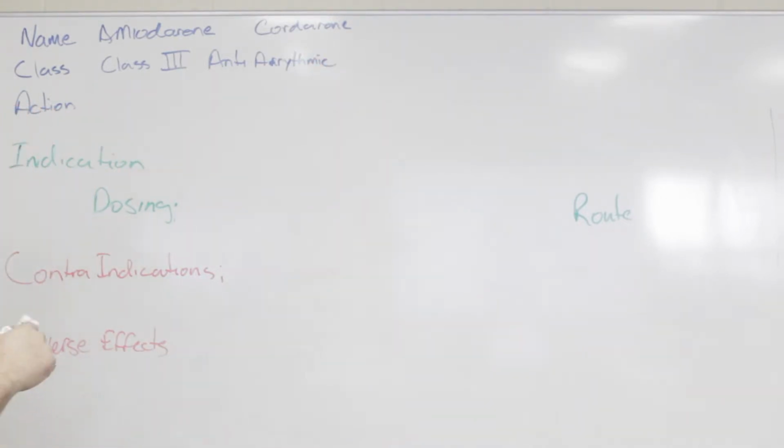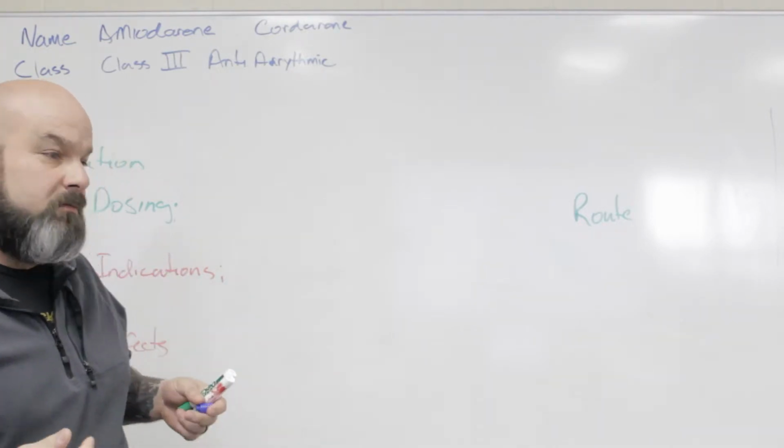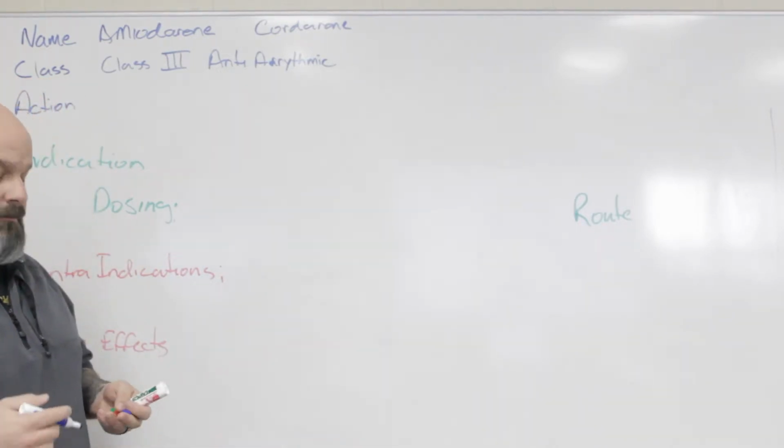Okay, class 3 antiarrhythmic. What does an antiarrhythmic do? It stops arrhythmias.